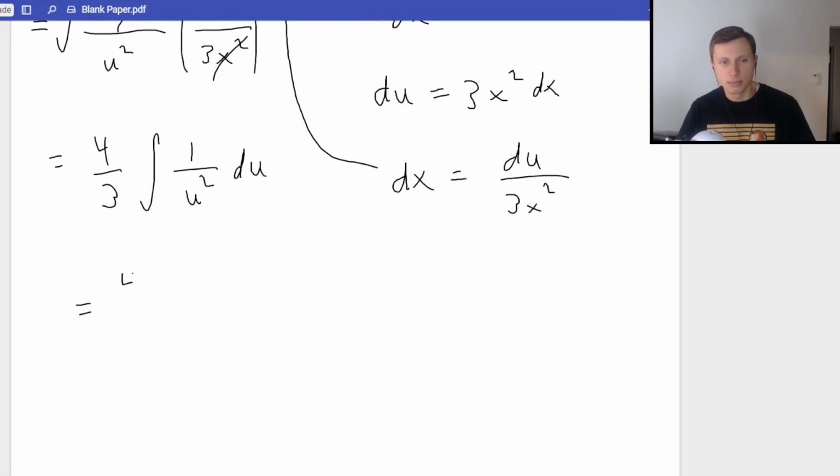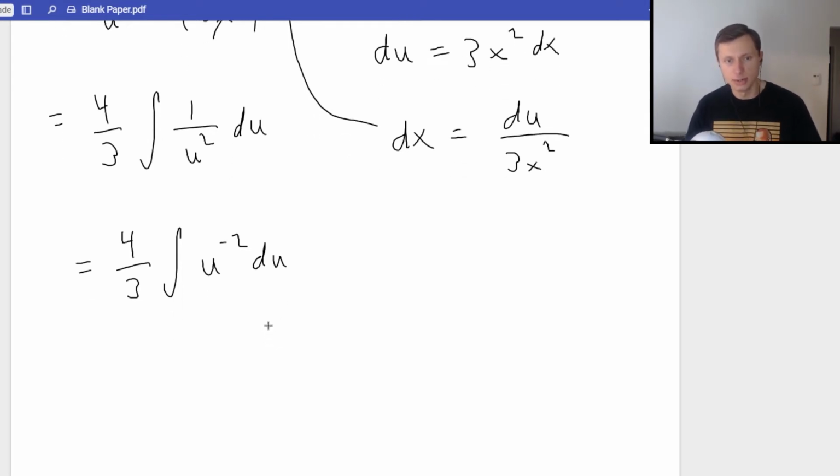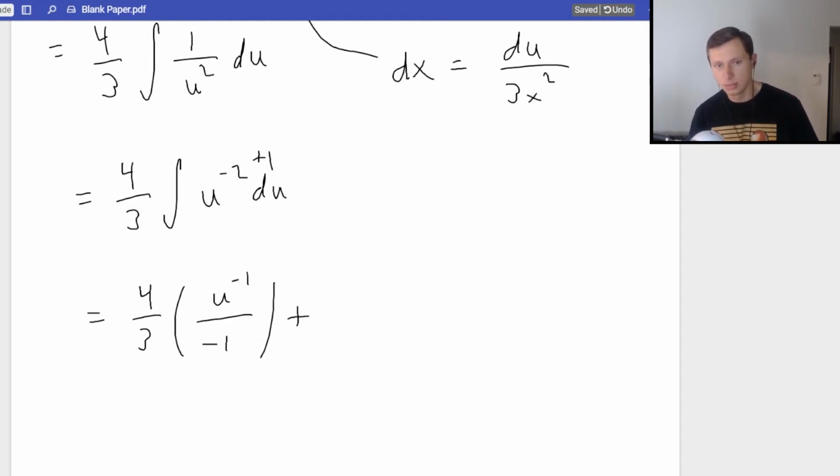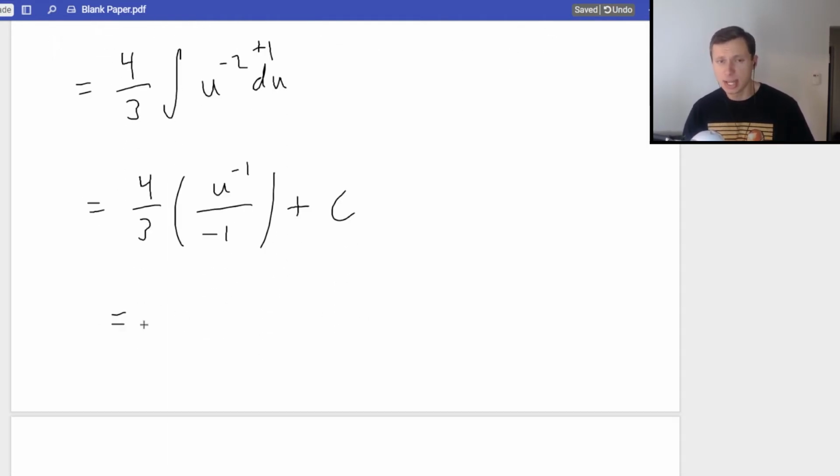Okay, so before I take this integral, I need to rewrite it as u to the negative second power du. There we go. And so then I'm going to say this is equal to 4/3 times the integral of u to the negative second power. Again, I need to add 1. So it's u to the negative first power divided by negative 1 plus c. Again, I can rewrite that if I want to now as negative 4/3 times 1 over u plus c.